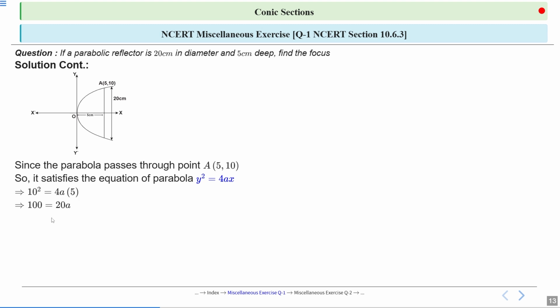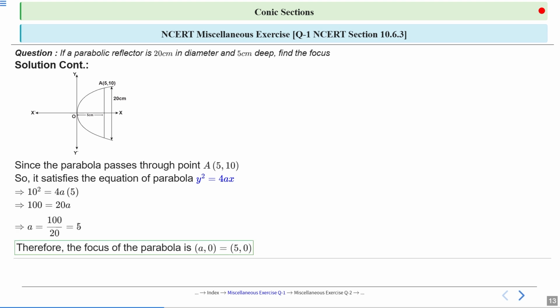It implies 100 is equal to 20a. It implies a is equal to 100 upon 20, which is equal to 5. Therefore, the focus of the parabola is (a, 0), and we found that a is equal to 5. So the focus of the parabola is (5, 0). I hope you are getting my point. So now let's move to the next question.